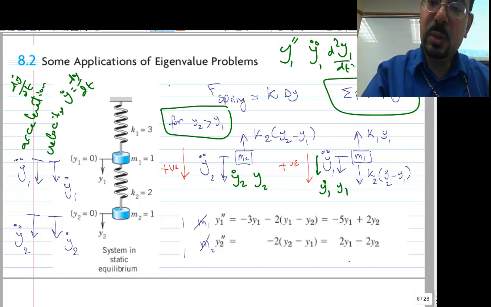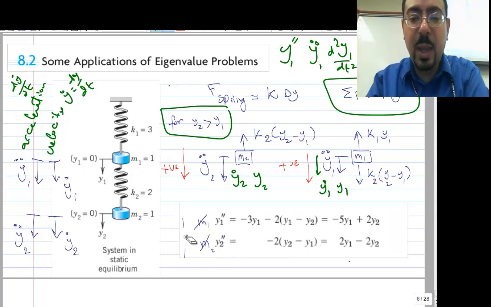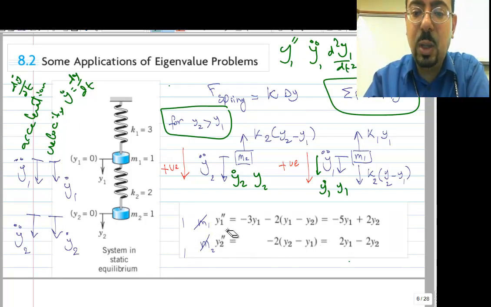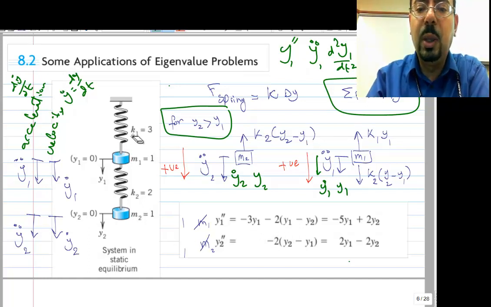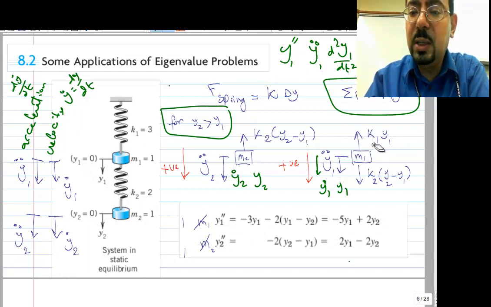Alright, so mass 1 times acceleration 1 equal to the forces, and the forces are considered plus if they are moving in that direction. So by the way, k1 has a value. This k1 y1 should be minus because this is the plus direction. Because it's pointing up, it's minus k1 y1. k1 is 3.